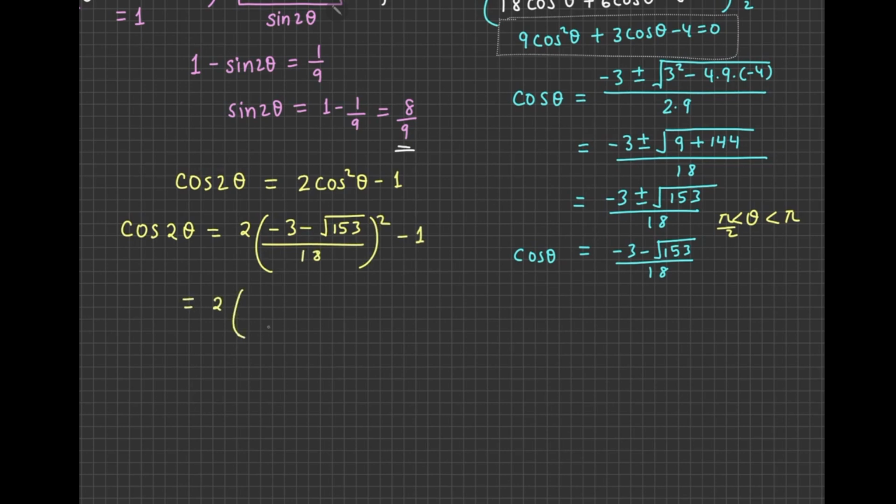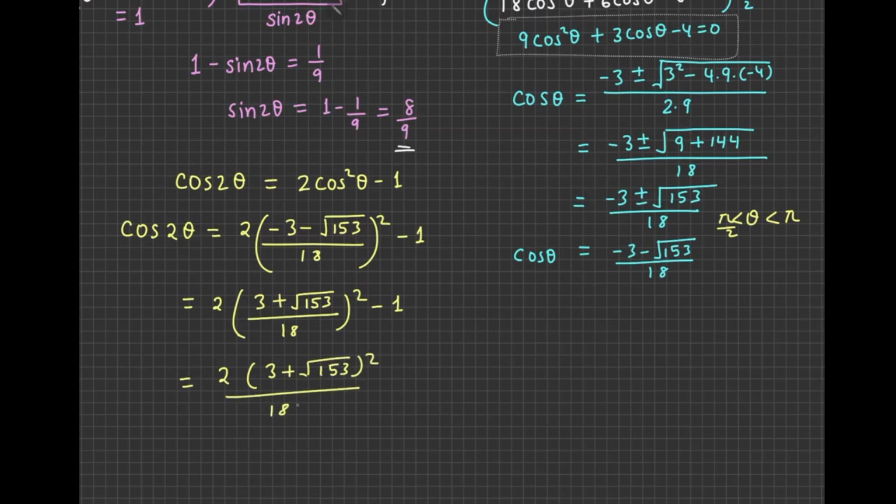The minuses cancel out: 2 times 3 plus square root of 153 divided by 18, squared, minus 1. A little bit of arithmetic here, and we get 3 plus square root of 153 squared divided by 18 times 18, minus 1. 2 goes into 18 9 times.